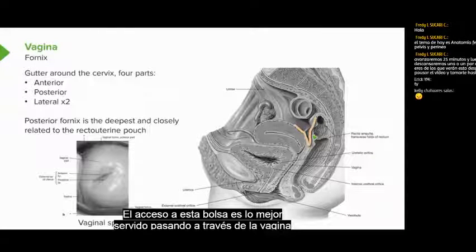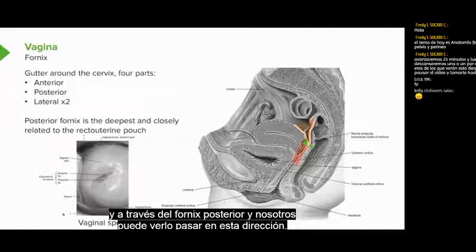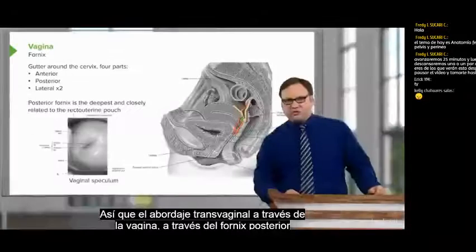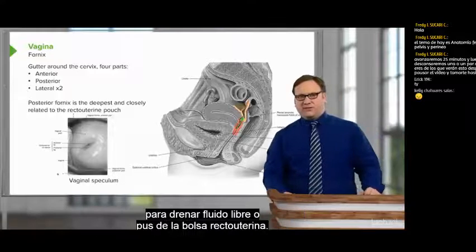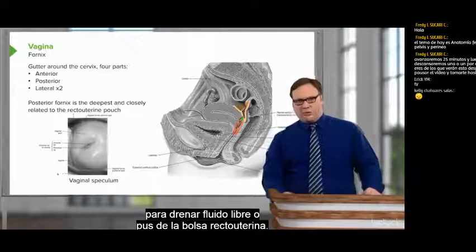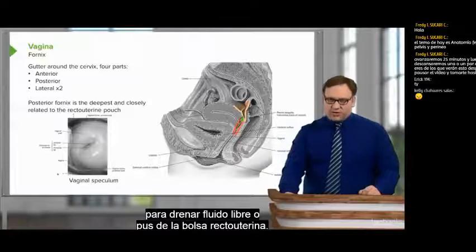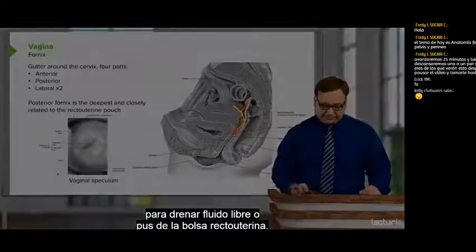Access to this pouch is best served by passing through the vagina and through the posterior fornix. And we can see it passing through in this direction. So a transvaginal approach through the vagina, through the posterior fornix to drain free fluid or pus from the recto-uterine pouch.